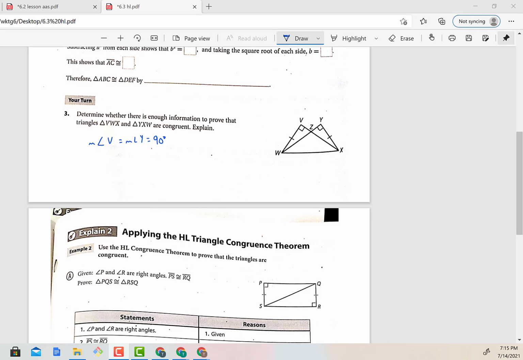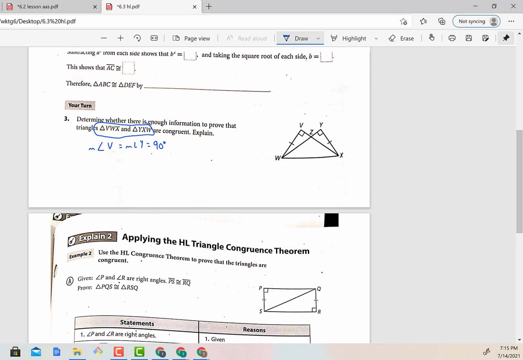So we're looking at the big triangles. It's tricky because it kind of looks like we may be focusing on the smaller triangles in this problem. But again, notice what the original problem is talking about. It's talking about the big triangles, triangle VWX and triangle YXW.